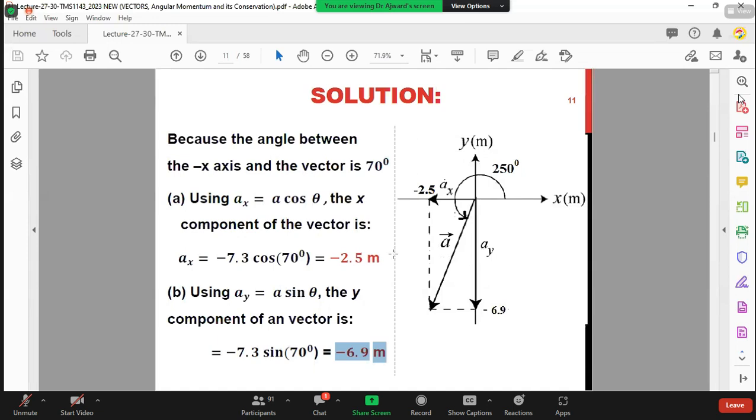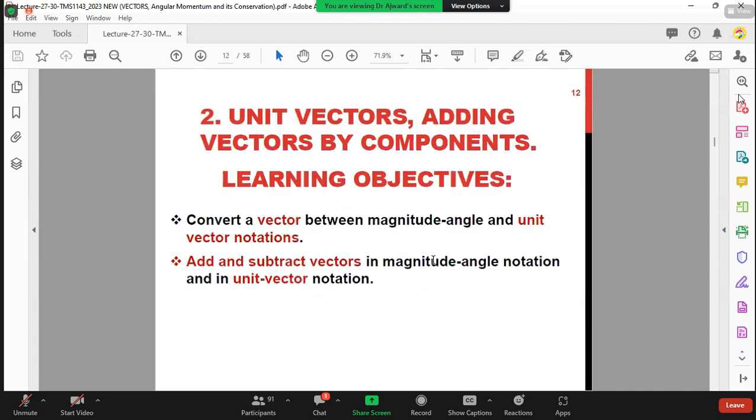I will give you tutorial number 9, so you can explore what happens if tan theta is negative and those things.